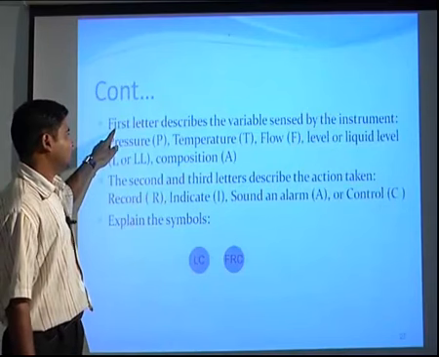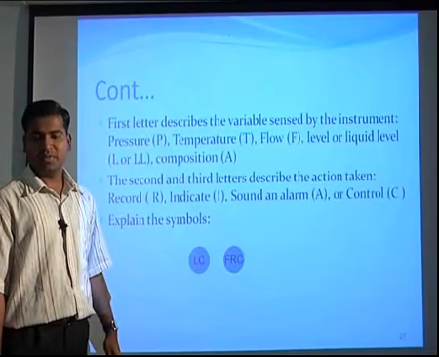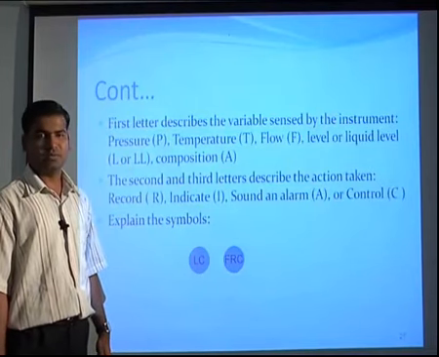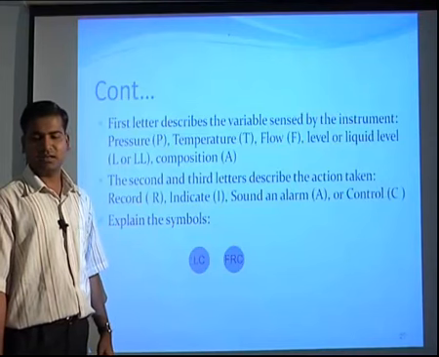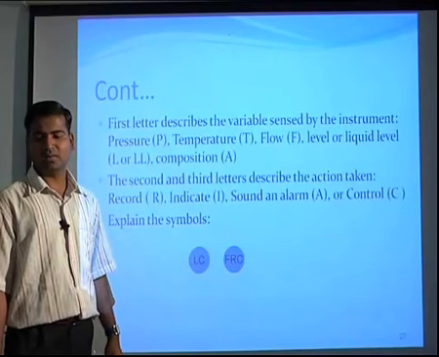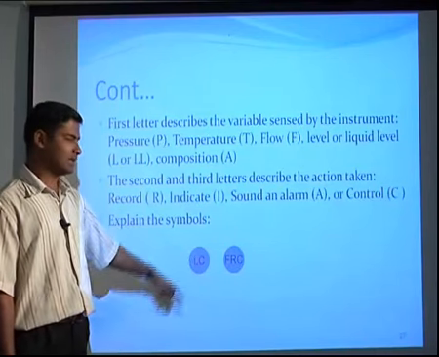Here the first letter describes the variable sensed by the instrument. They are pressure, temperature, flow, level or liquid level, or composition. The second and third letters describe the action taken. It may be recording, indicating, alarming, or controlling. So now we have just explained the LC and FRC.